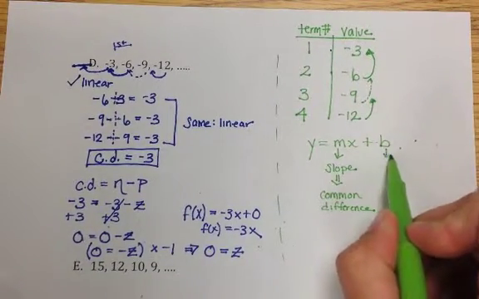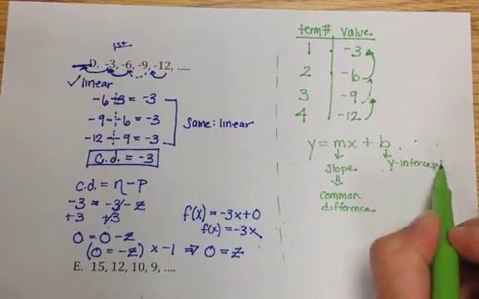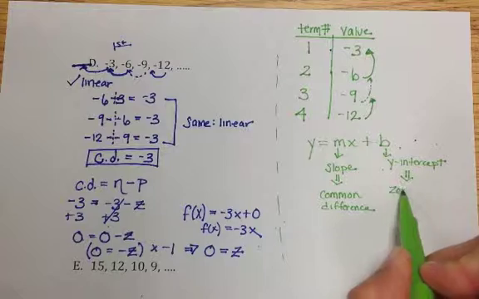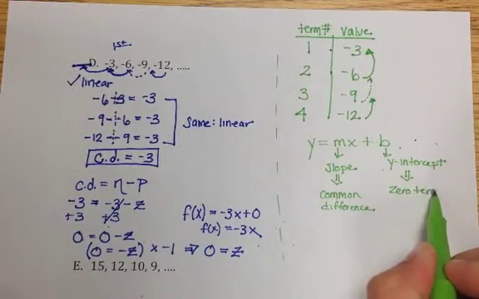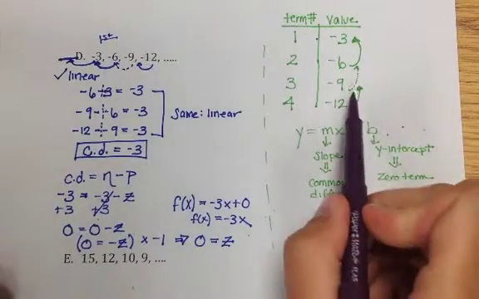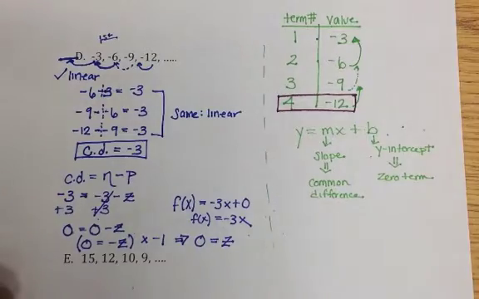B represents the y-intercept, or as we have been calling it, the zero term. So we can plug in and actually solve for our b value knowing one term in our table of values. So we're going to select one, 4 and -12.